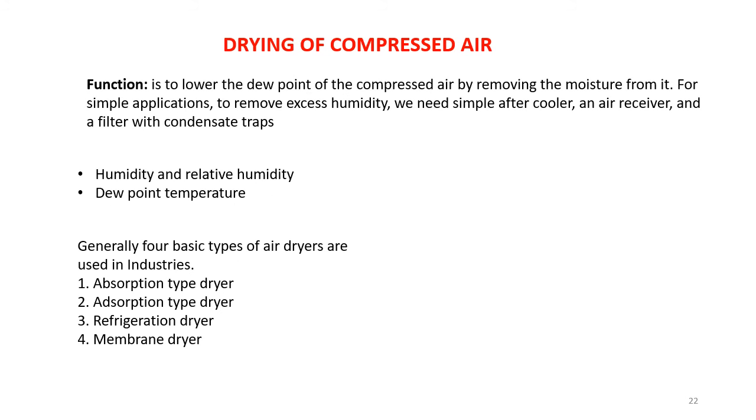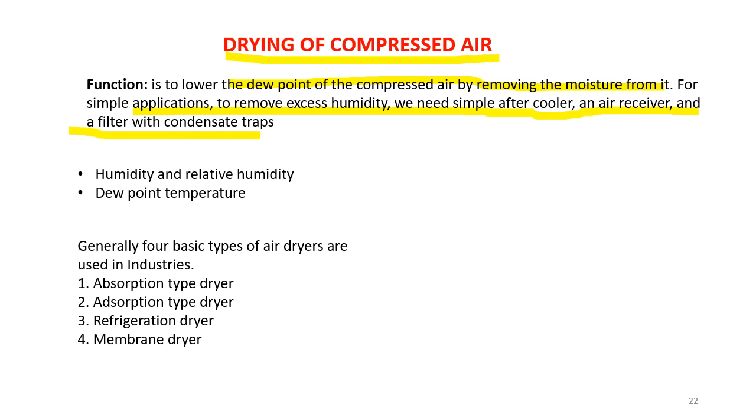Drying is also important for compressed air. The function of a dryer is to lower the dew point of the compressed air by removing the moisture from it. For a simple application to remove excess humidity, we need a simple aftercooler, an air receiver, and a filter with condensate traps.